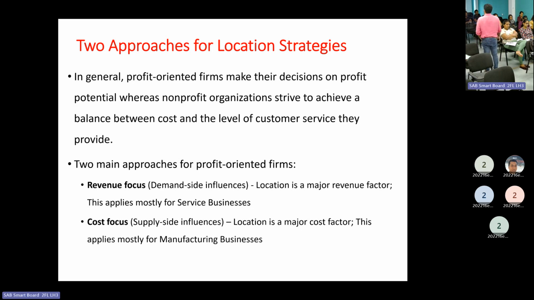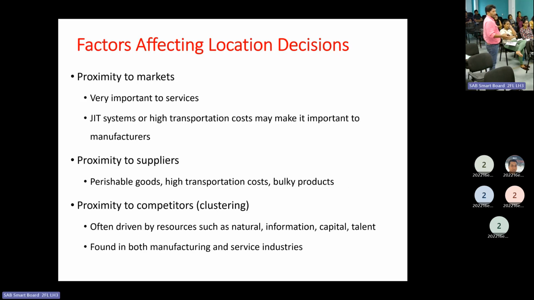Right? Now let's try to understand what the other relevant factors are. These are the two main approaches. We will discuss in detail. So what are the other factors? Aligning with the revenue focus, what factors affect the location decision?